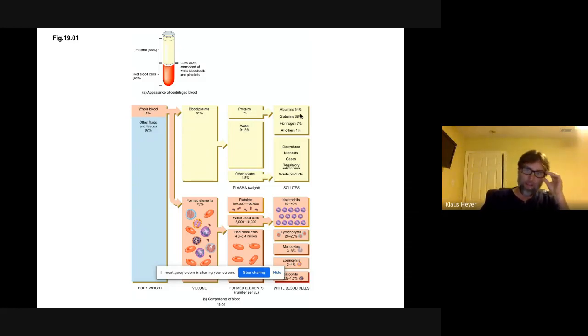Of course, there are other things in plasma. You're going to find a little carbon dioxide and some electrolytes, but mostly we're talking about water and plasma proteins.